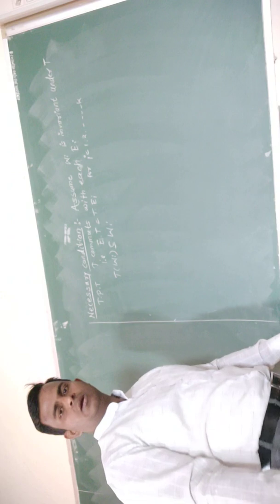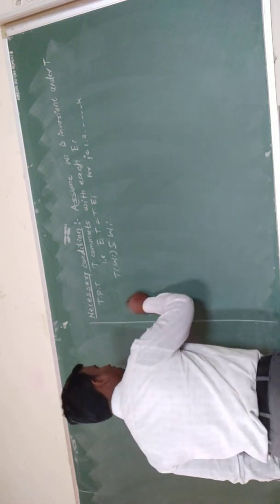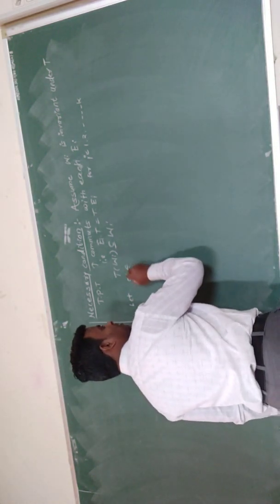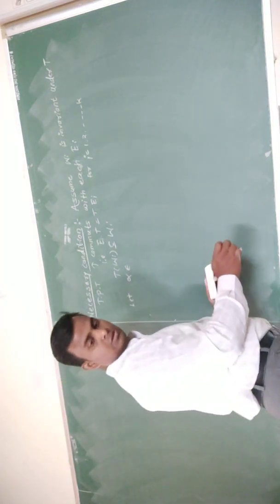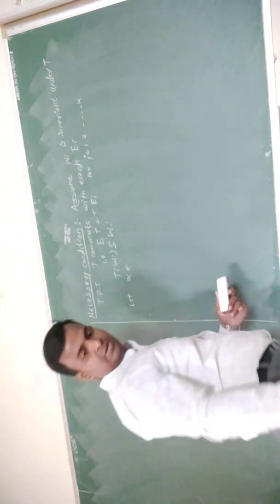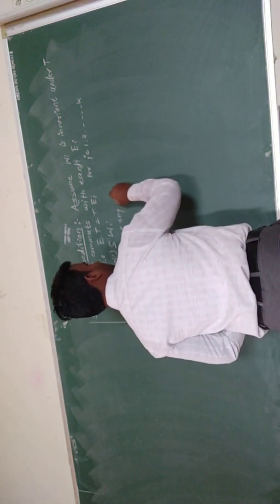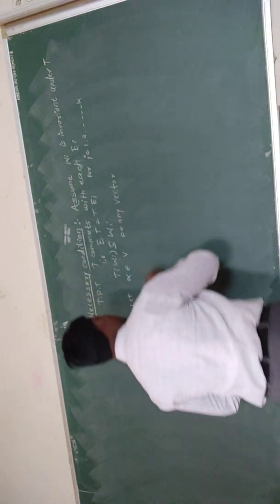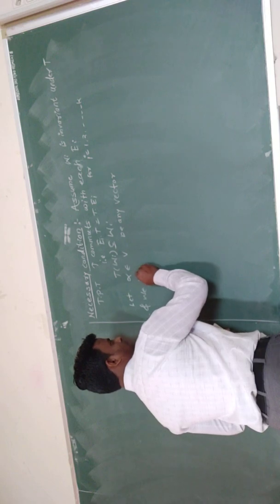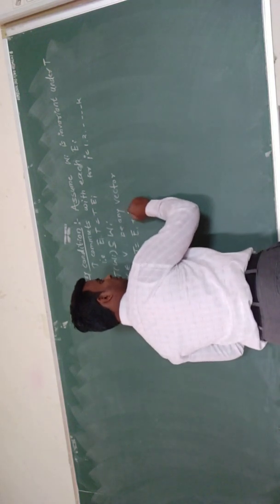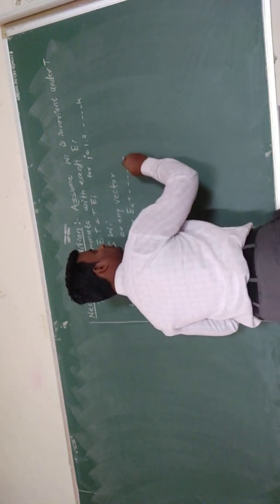So we have I is equal to E_1 plus E_2 plus up to E_k. Let alpha belongs to V, be any vector, and we have I is equal to E_1 plus E_2 plus up to E_k.